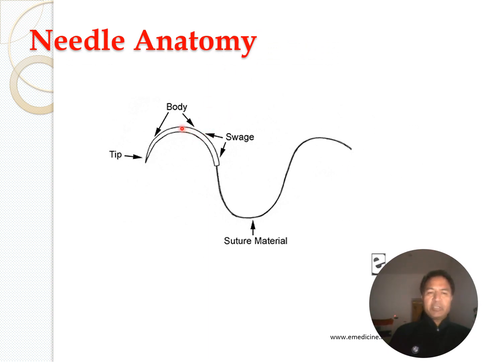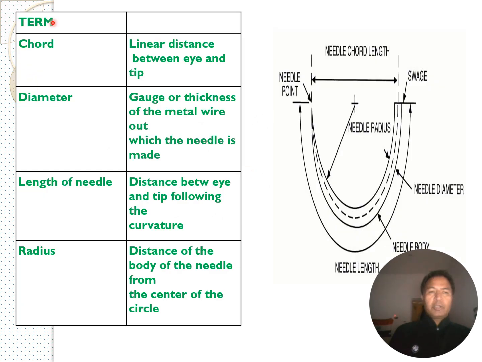Needle anatomy. This is the body of the needle, this is the tip, this is the swage, and this is the suture material. The term chord is the linear distance between the eye and the tip, the needle chord length.